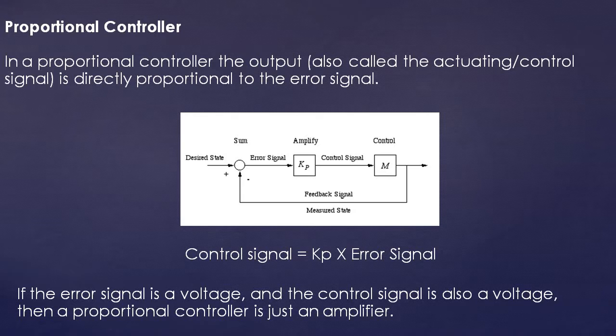Last time we have seen the proportional controller. Just for the sake of revision, we are repeating the proportional controller. In a proportional controller, the output is directly proportional to the error signal.